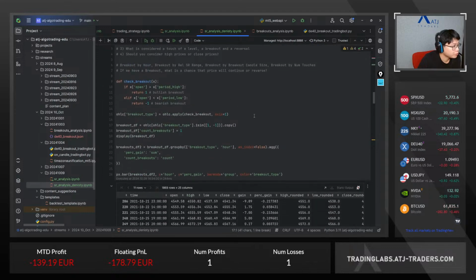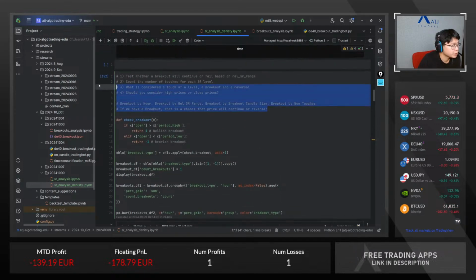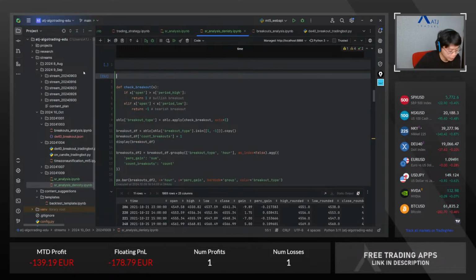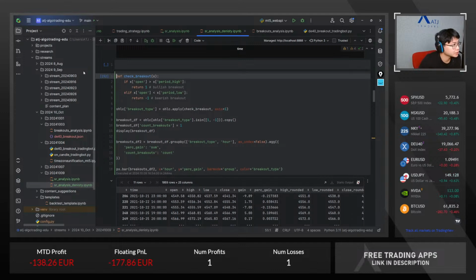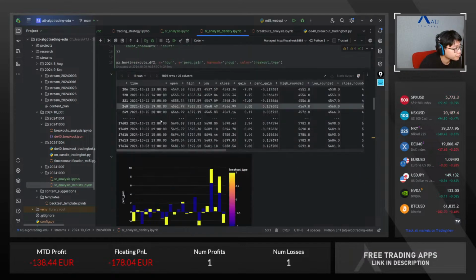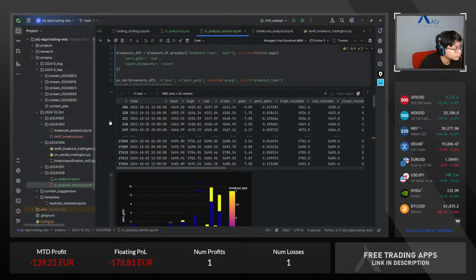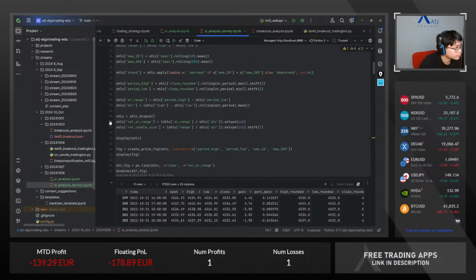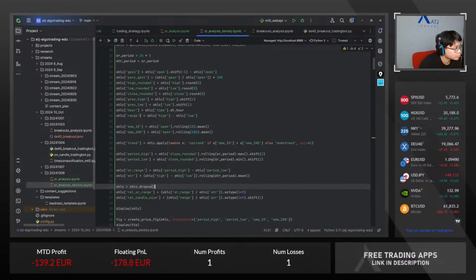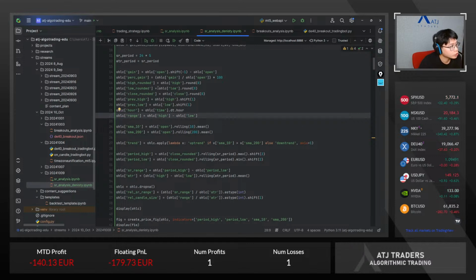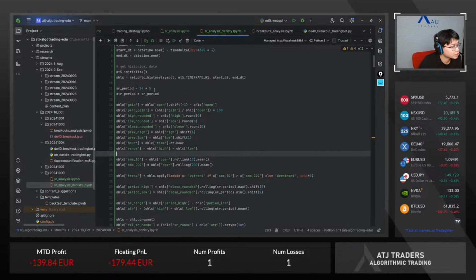Okay, so I will just delete all the previous things here because this is now a new file, and we go into the candle density. So basically it's the sum of the ranges, which is the area, and the total area is basically SR period times the current candle range. So I can actually compute it right here.